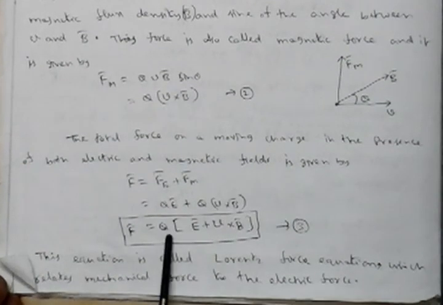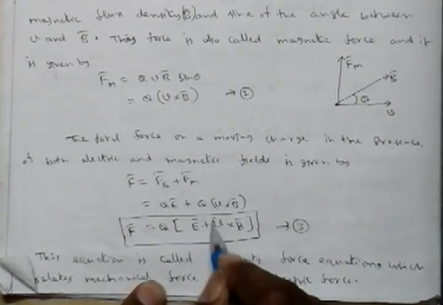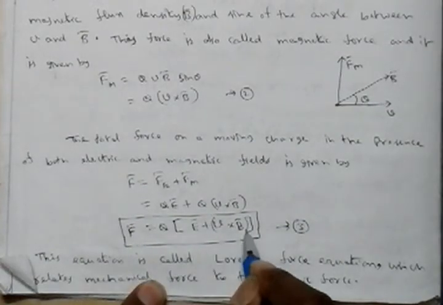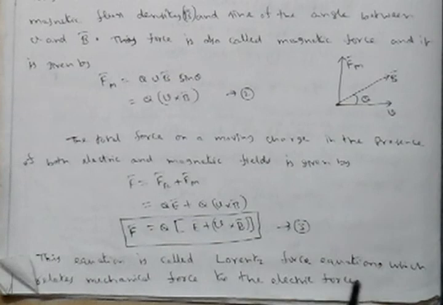Therefore F is equal to Q, taking Q as common, E bar plus v bar cross B bar. This is the complete, total force due to the presence of the electric field and the magnetic field. This equation is also called the Lorentz force equation.